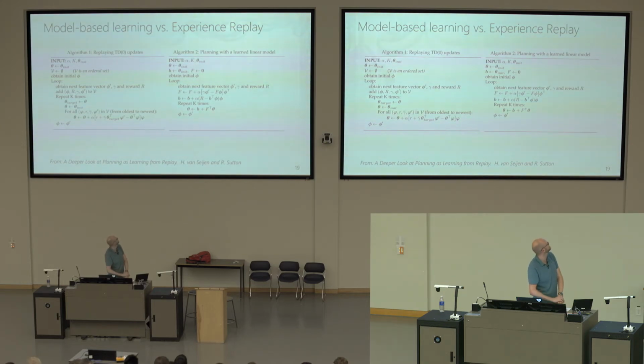On the right-hand side, I have a model-based update of a linear model. What I showed in that paper is that we have a model-free algorithm that uses experience replay and a model-based algorithm, and these methods are exactly equivalent in terms of the values they compute. At every time step, they compute exactly the same values. That shows a bit more about the relation between experience replay and model-based learning. Both of them are techniques to be smart about your bias and to trade computational efficiency for sample efficiency to deal with bias-variance.